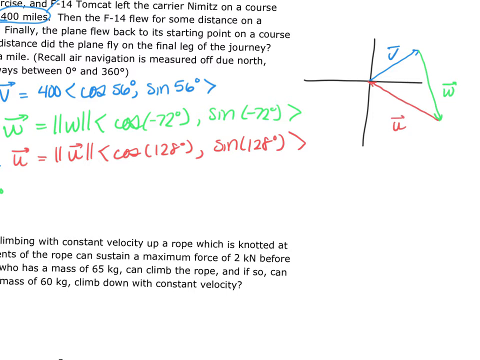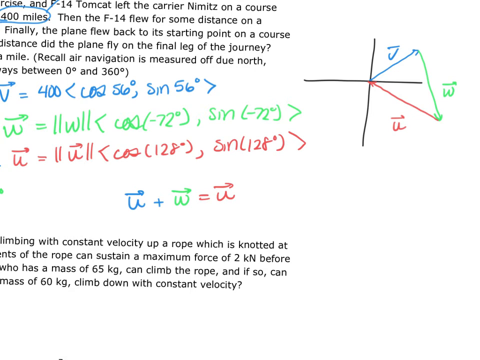And in fact, what I know by looking at my picture is I have my u vector plus my w vector is going to give me my u vector. And I know all my components have to match up.